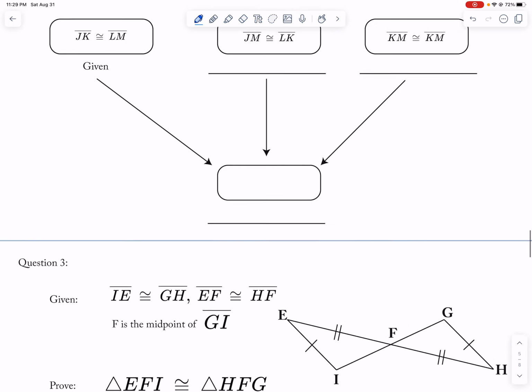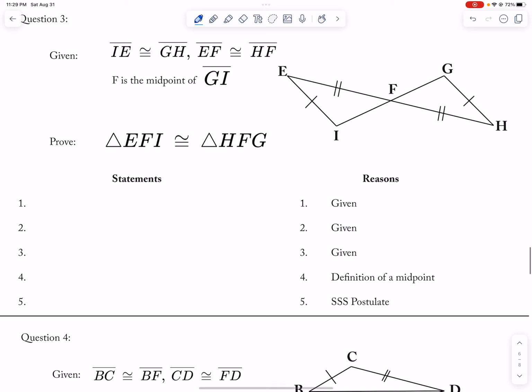Okay, so now skip the flow chart. You guys can do the flow chart one. So IE is congruent to GH, that's given. EF is congruent to HF, that's also given. And then F is the midpoint of GI, which is also given.